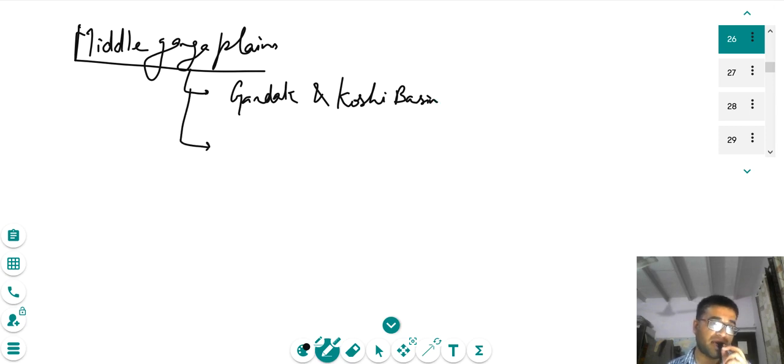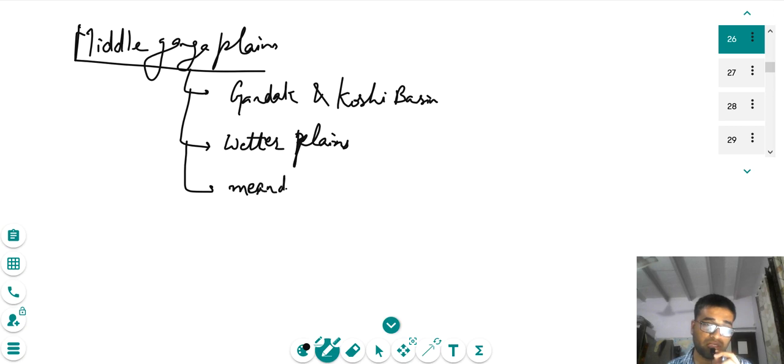They are wetter as compared to the Upper Ganga Plains. They are wetter plains. Okay. They have the meandering rivers. Rivers meander very strongly in these plains, meandering rivers here.